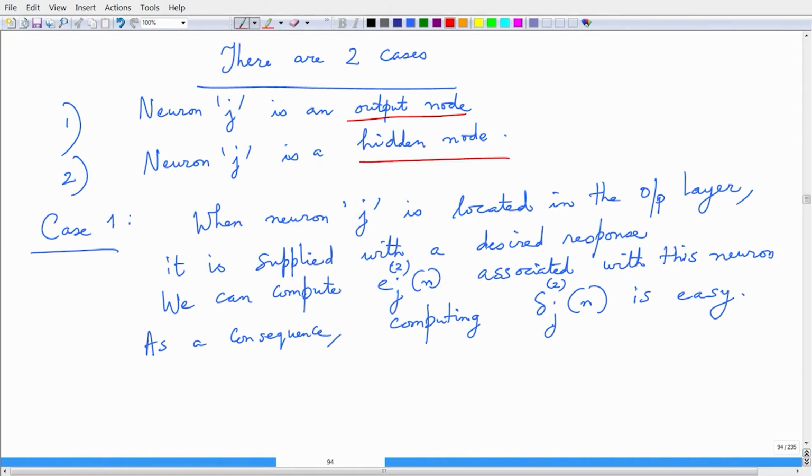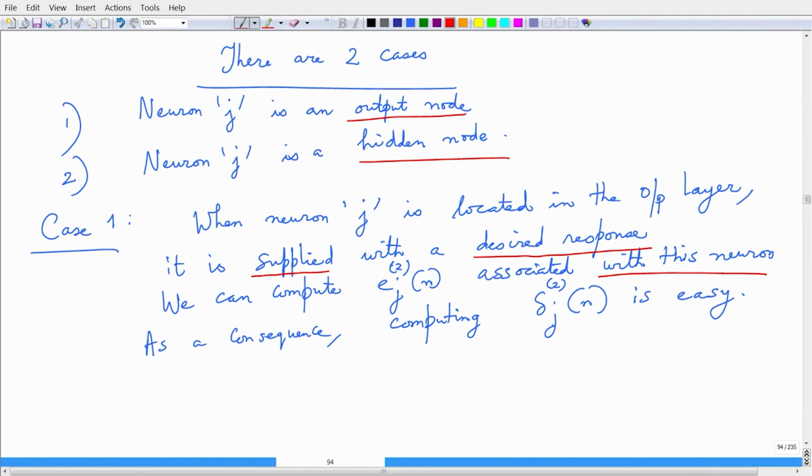When neuron j is located in the output layer, it is supplied with a desired response. This is very important because the architecture endows it with the desired response. We can compute the instantaneous error Ej of n associated with this neuron, and as a consequence computing delta j of n for that layer is very easy, right.